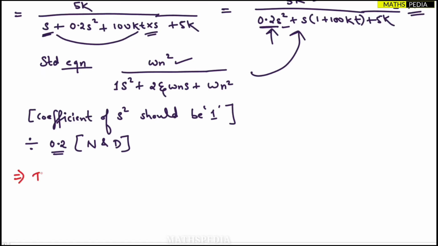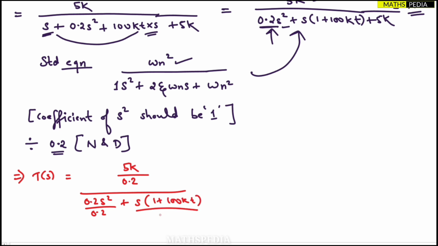So basically we are having the transfer function, so we have to divide 5k by 0.2, whole divided by 0.2 s square divided by 0.2 plus s into 1 plus 100 kt divided by 0.2, then plus 5k divided by 0.2. Yes, whole thing you have to divide.